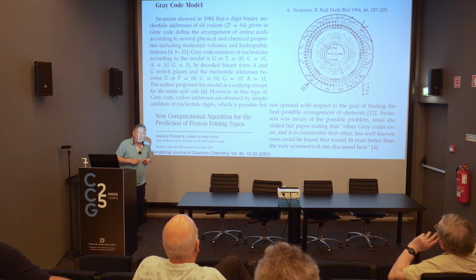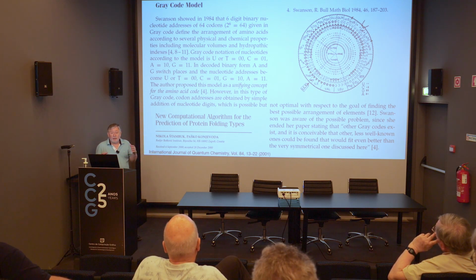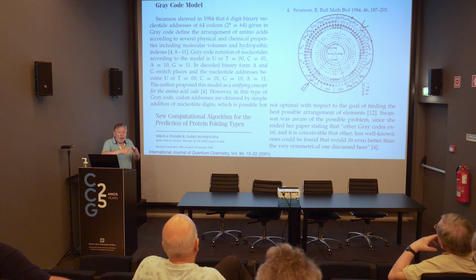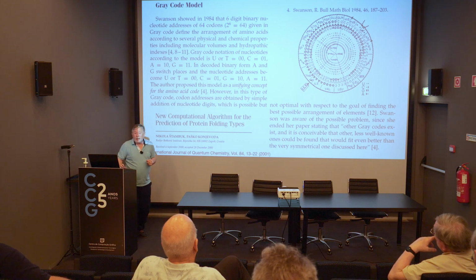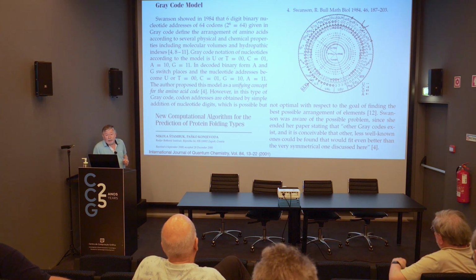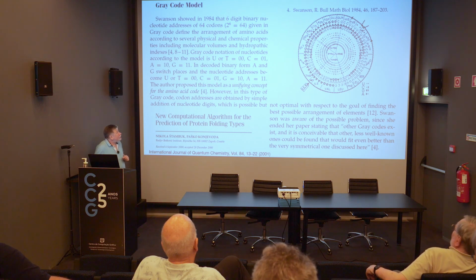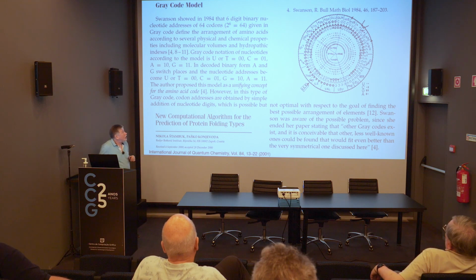Now, I will come to the problem of, it is not a problem, it's a rearrangement actually, of the classic table UCAG and reality, which is UCGA. The problem is in the gray code. That problem of a gray code was addressed by Swanson in 1984.